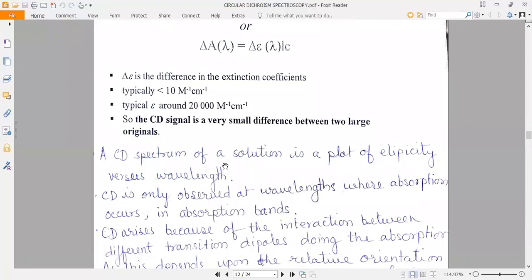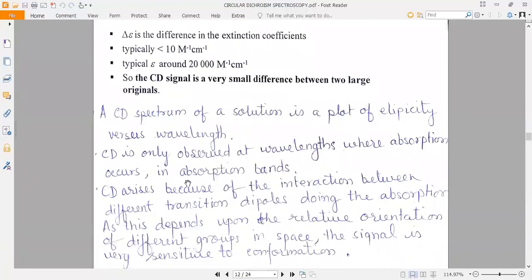A CD spectrum of a solution is a plot of ellipticity versus wavelength. CD is only observed at wavelengths where absorption occurs, in an absorption band. So the wavelength of absorption of any particular substance will be used for CD measurements.